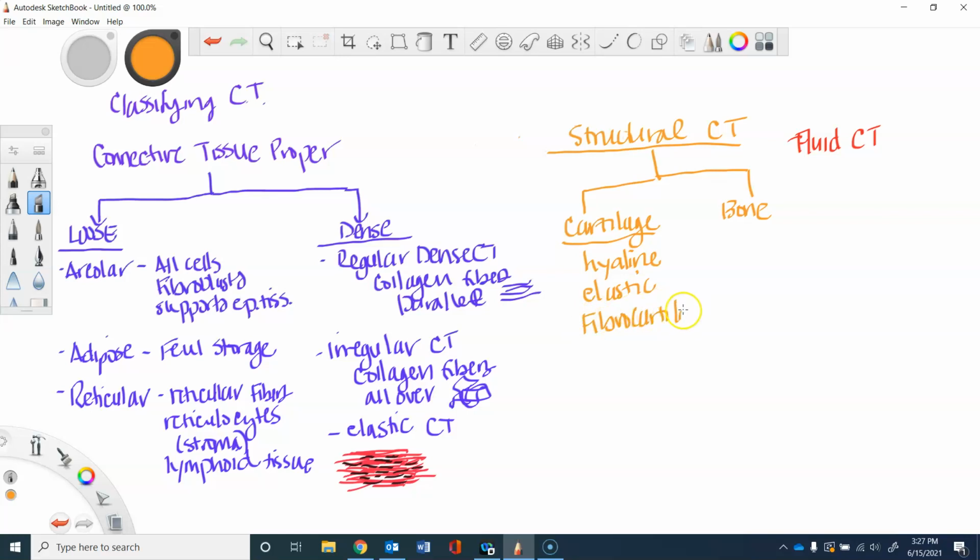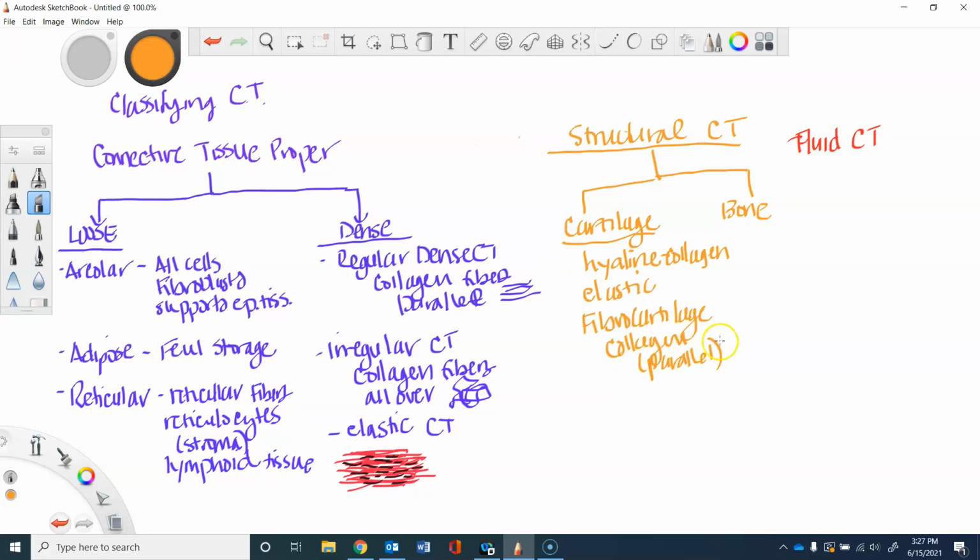Fibrocartilage. And fibrocartilage is basically, you know, hyaline cartilage has collagen that's kind of all throughout. Fibrocartilage is collagen that is stacked on top of each other, like parallel again.